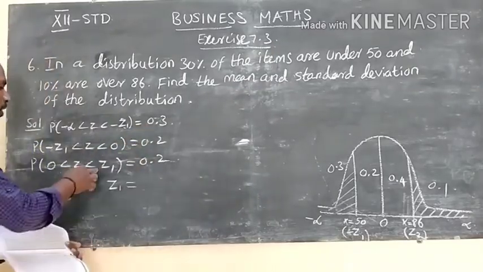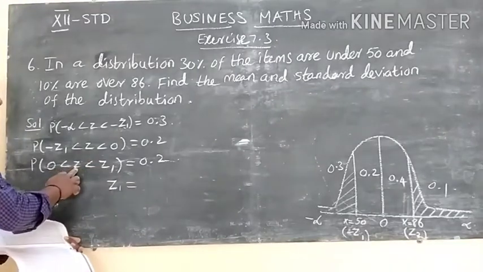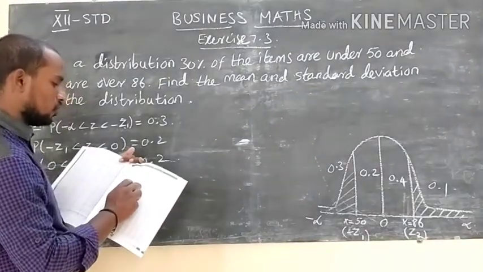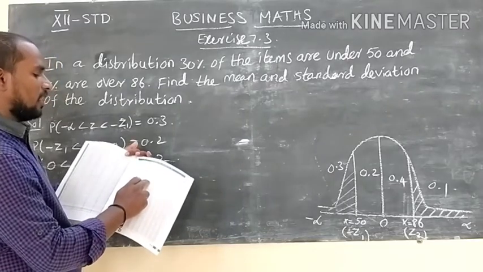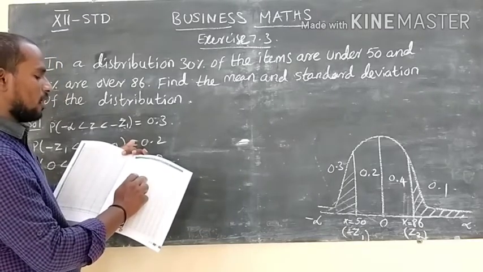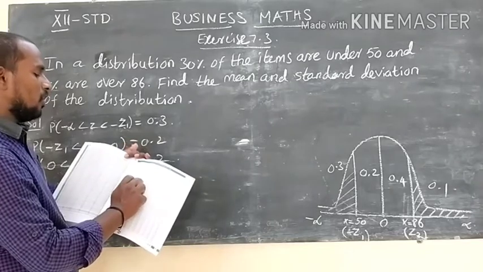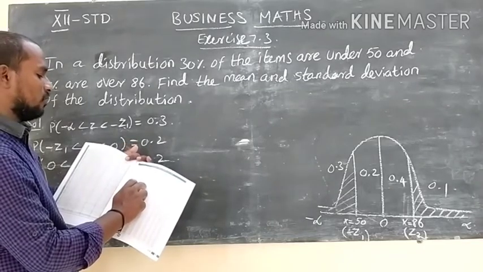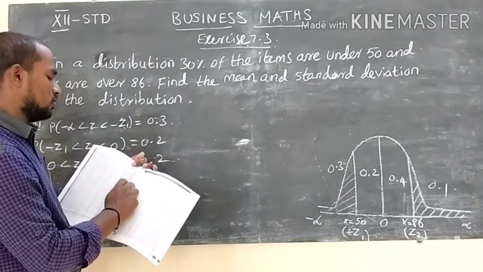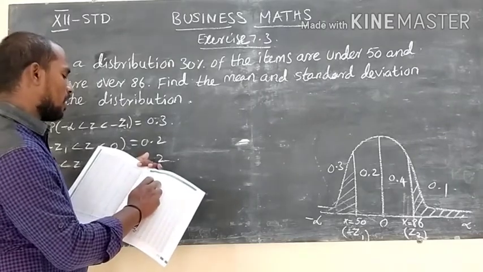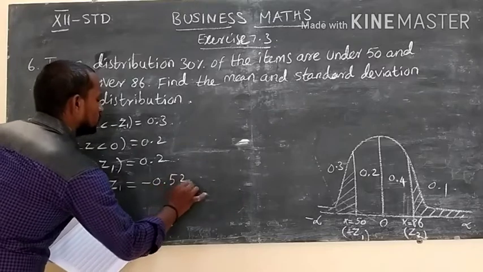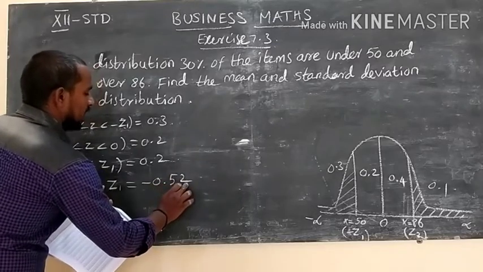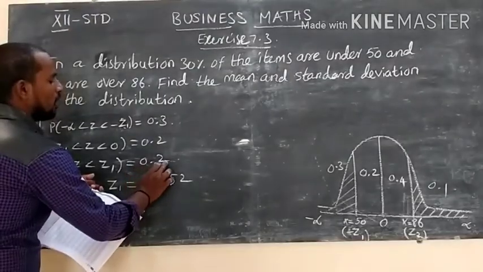The question is below Z1. That means below 0.2, 0.3 is obtained, 0.03 is 0.2013. The below value is 0.1385. This answer is 0.5, 0.02. This can be written as 0.52.